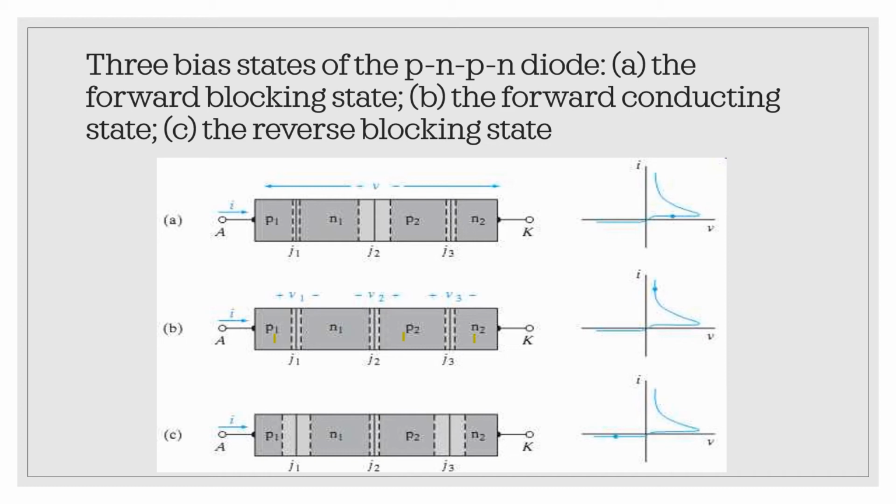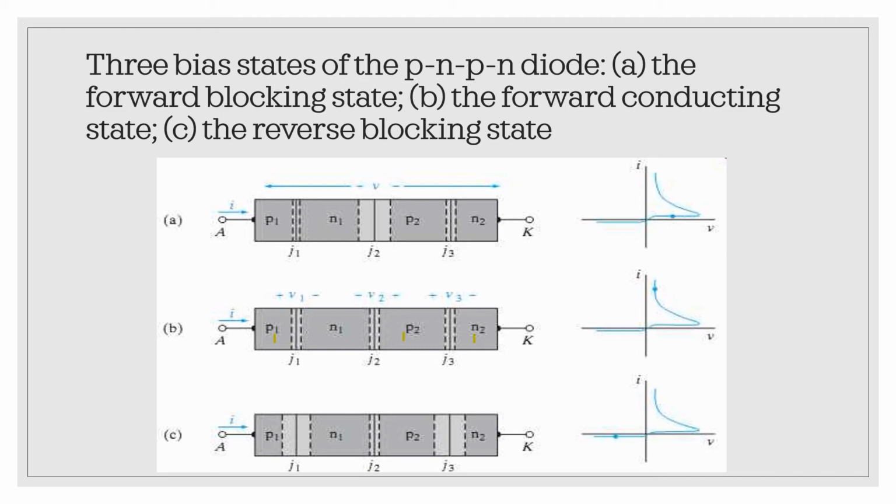Basically, the requirement is that the carrier injection at J1 and J3 must somehow be increased so that significant transport of injected carriers across J2 occurs. Once this transport begins, the regenerative nature of the process takes over and switching is completed. So this is how switching takes place.